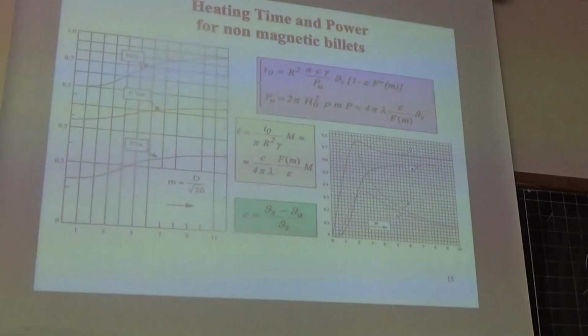I would like to fix, for example, 5% of temperature difference between the surface and the core. It means that epsilon is 0.05. Okay, so it's another constraint that I fixed by design.